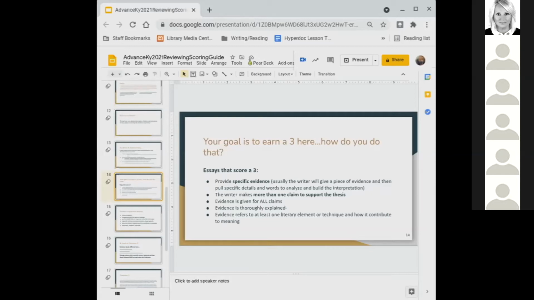When you explain your evidence, are you typically writing 1 sentence or 2 to 3 sentences to explain your evidence? Okay, 2 to 3, good. Most of you are saying 2 to 3. A couple of you said 1.